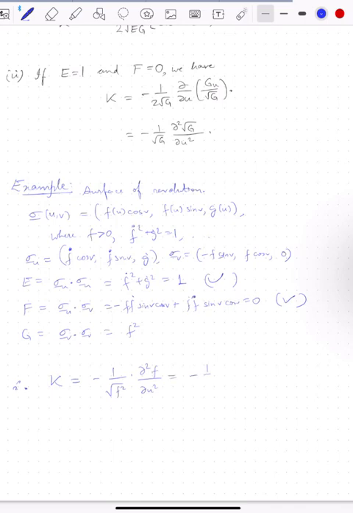So we have minus 1 over f times f double dot, and we had obtained this expression for the Gaussian curvature in a previous session.